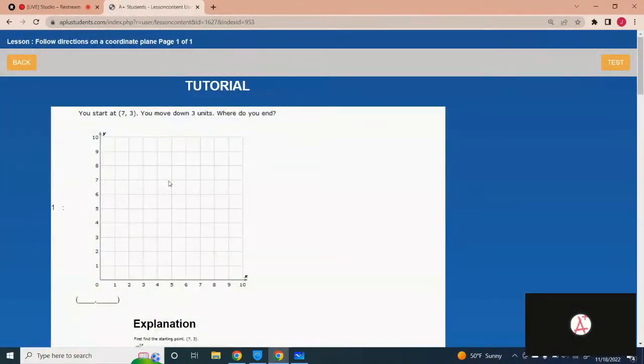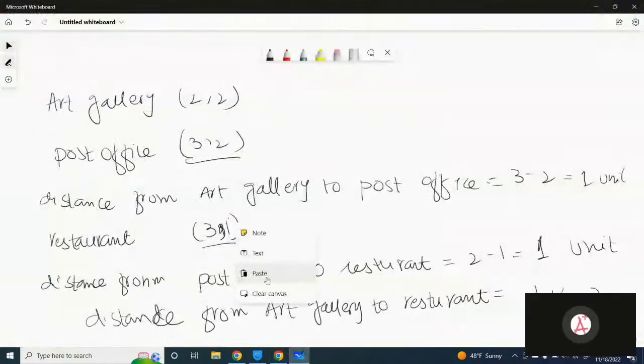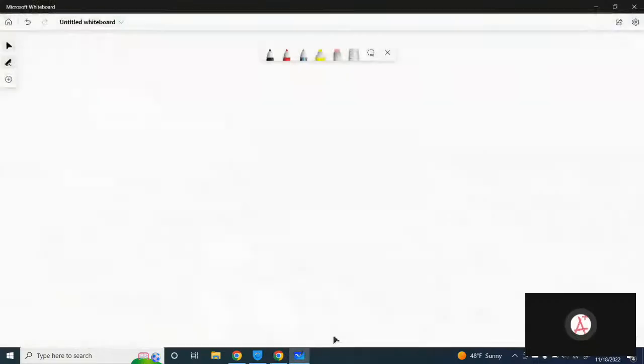Okay, you start at 7 3. You move down 3 units. Where did you end? Okay, down 3 units. Let me write down the lesson name first. The lesson name is follow directions on the coordinate plane.